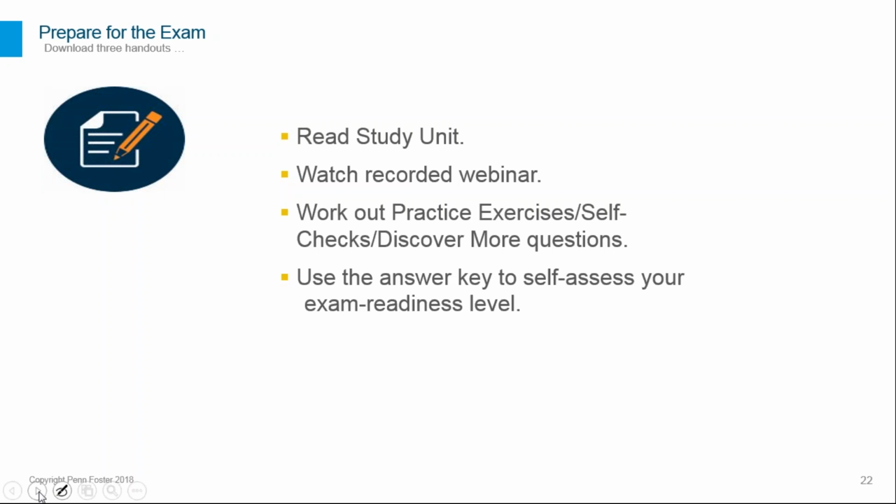So whenever you're working on those questions, do not take your answer as the correct answer unless you see that the answer key has the same answer as you. If you have mostly correct answers, that is a good indication that you are ready for the exam. If most of your answers are incorrect, do not get discouraged. Just go back to the lesson, try to reach out for help until you get those answers correct.